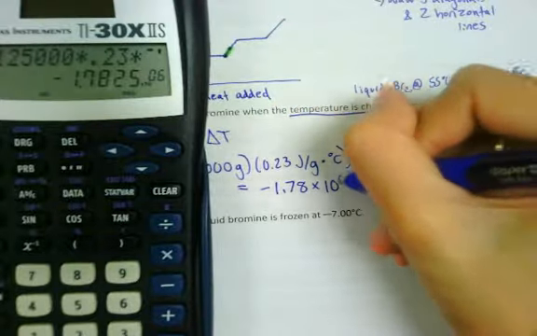Freezing is a phase change. So if our liquid bromine is frozen at negative 7 degrees Celsius, that is this segment of our diagram. That is a phase change.